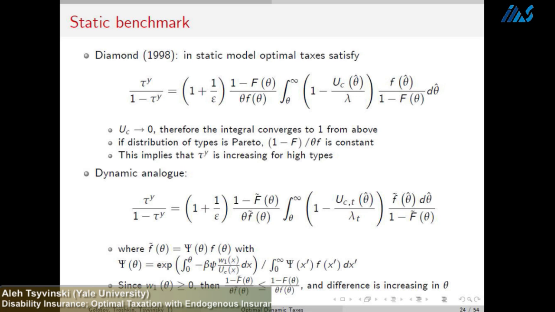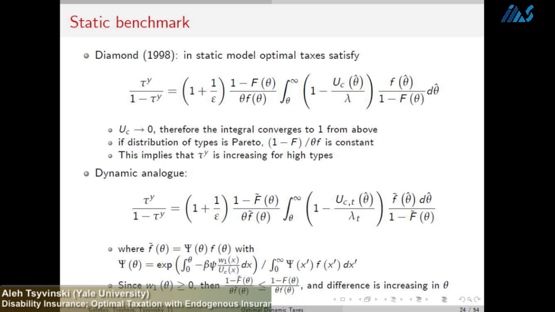So what Saez and Diamond show is that for the very, very high types, as theta goes to infinity, the tax on income for them converges to this number, related to the elasticity of labor income, times the tail ratio. Well, who knows what the tail ratio is, but in the data, it looks Pareto. Okay, so if this is Pareto, then this number is constant.